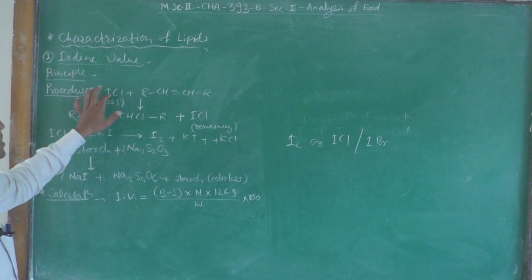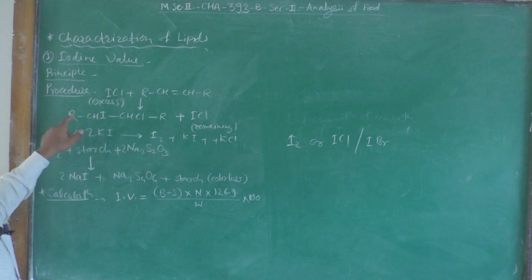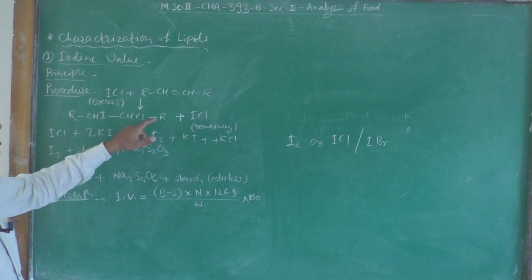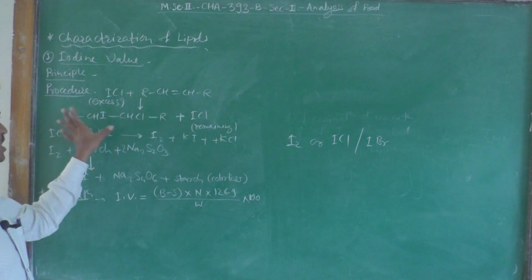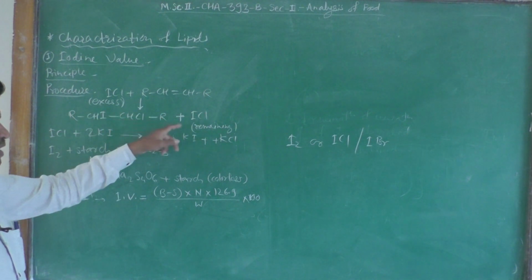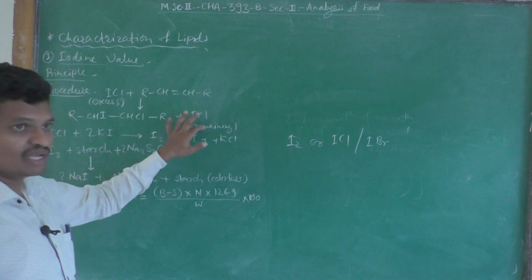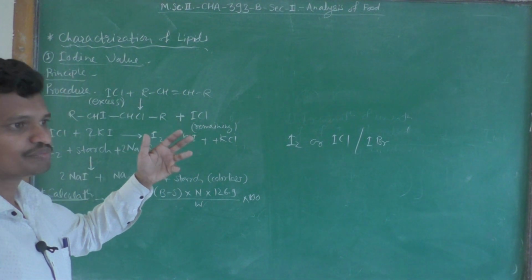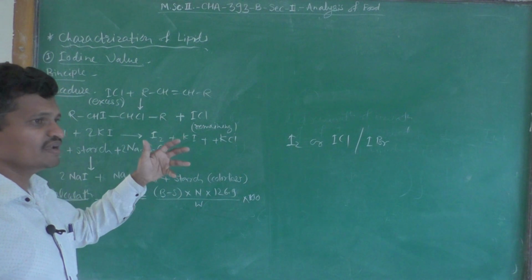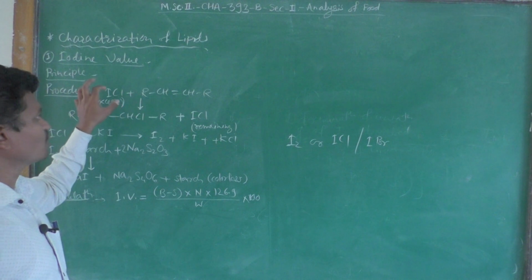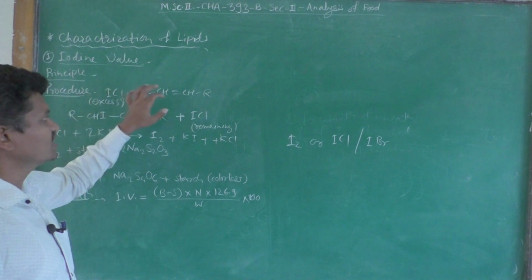When this addition reaction takes place, we get R-CHI-CHCl-R, the addition compound, plus ICl. This ICl is the remaining ICl after reacting a specific amount of iodine chloride with this alkene.